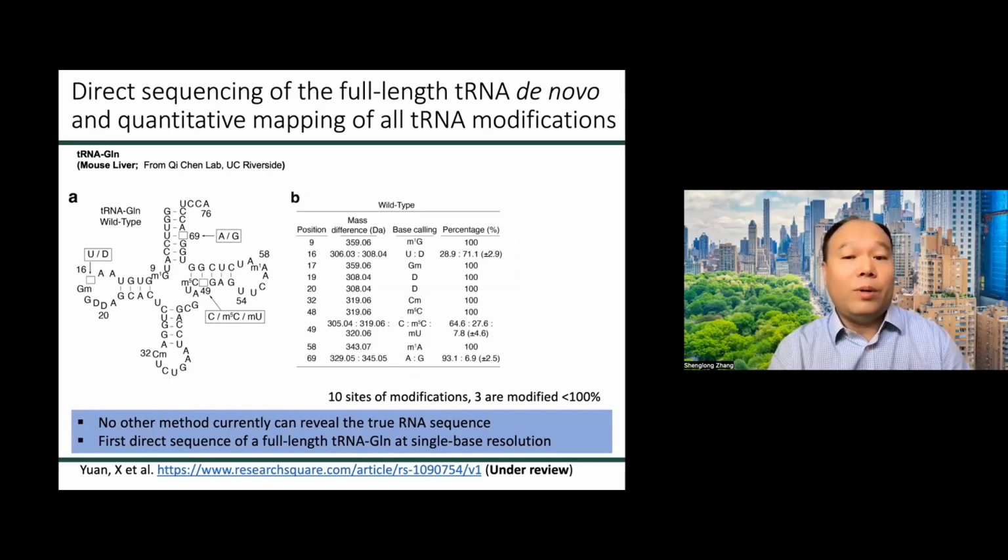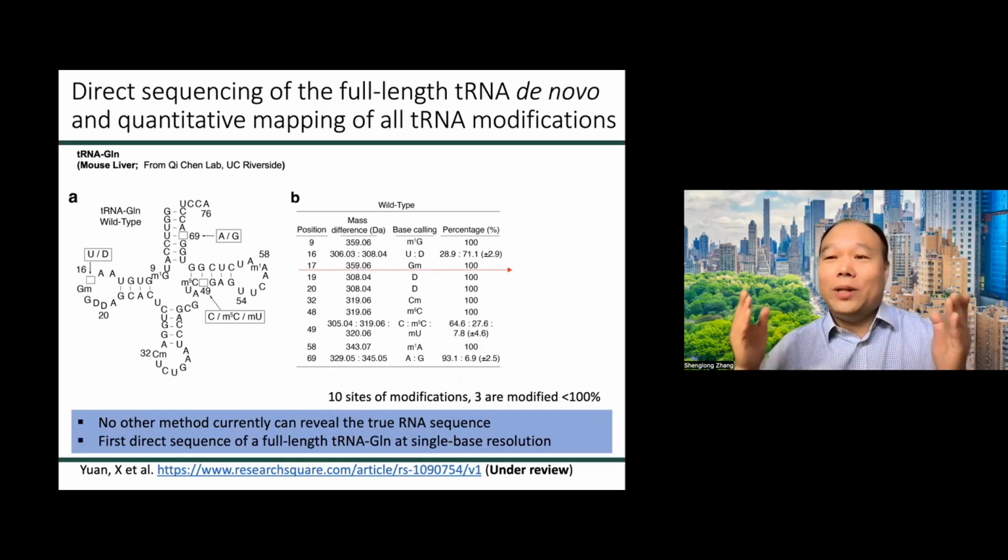Among these 10 modification sites, not all of them are 100% modified, so we further determine the stoichiometry. To our knowledge, few methods now have the capacity to reveal this detailed information, and of course help to reveal the tRNA sequence. This is the first time we directly sequence this tRNA at single-base resolution.